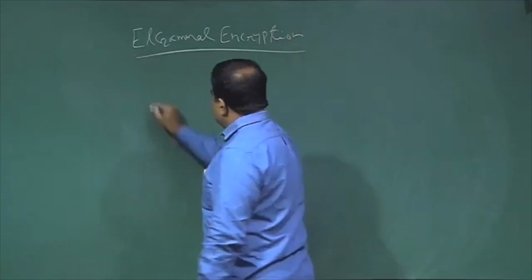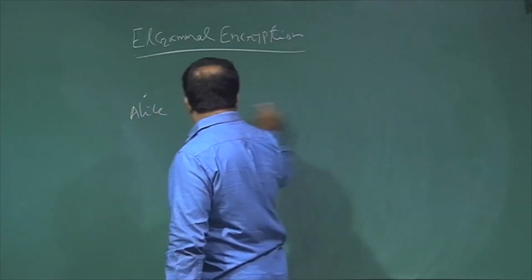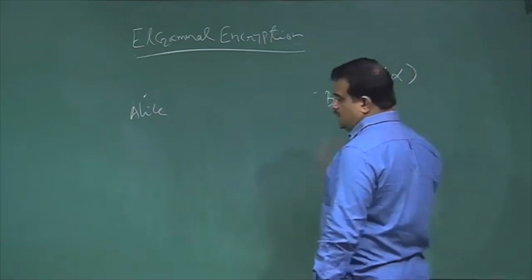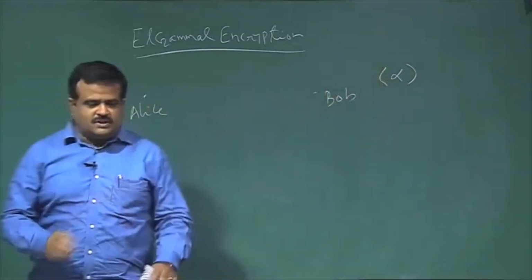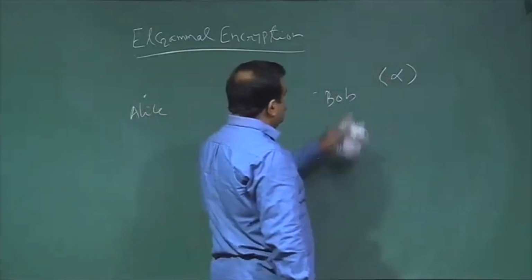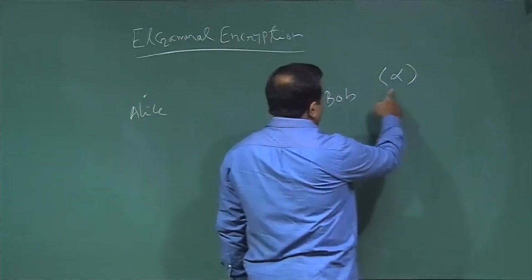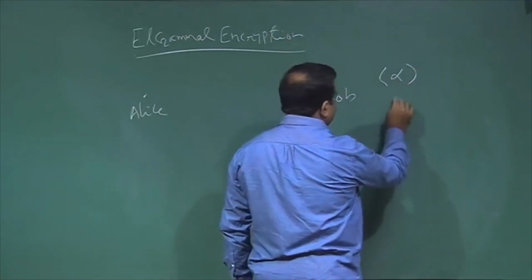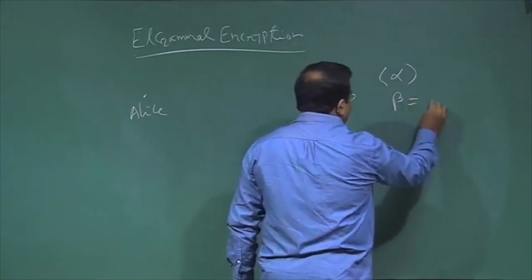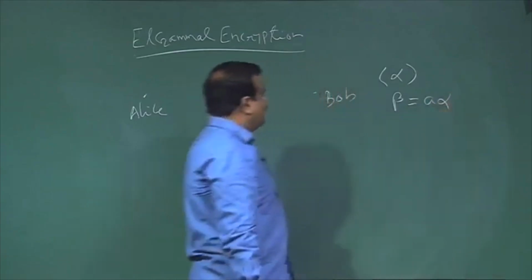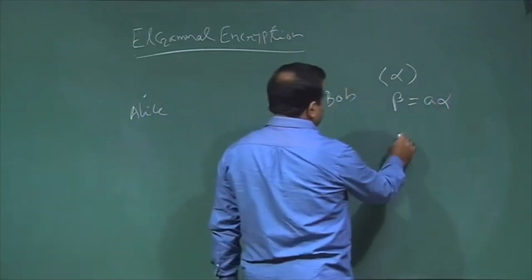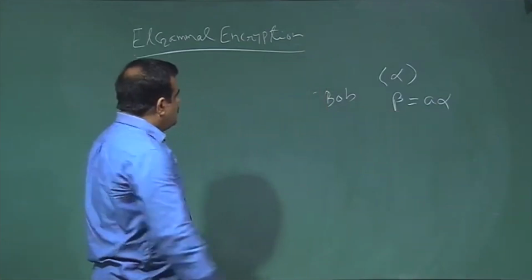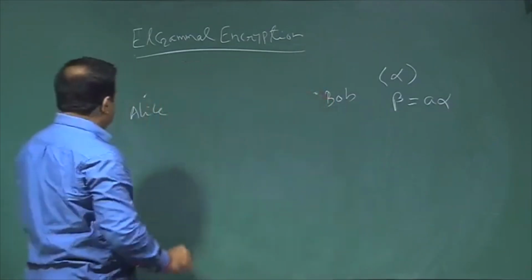In the ElGamal encryption scheme, the key generation is as follows: we have a group. Here we are taking an additive group because we want the plus operation. This is the secret key, this is the generator of that group, alpha, and we choose beta, which is a times alpha, and this beta is Bob's public key. And then what is the encryption?